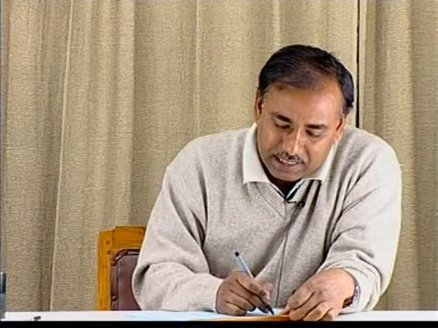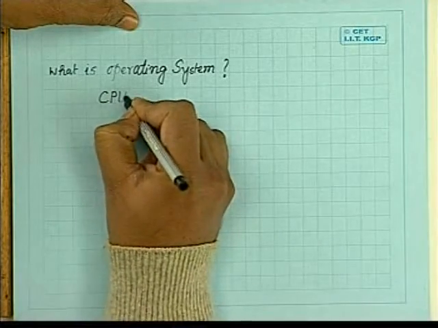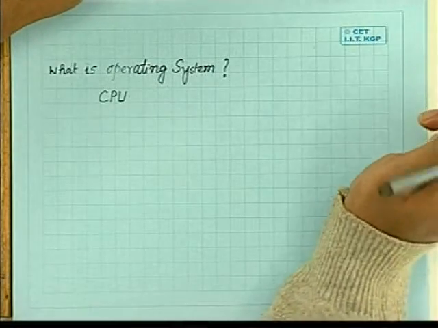The first resource in a computer is the central processing unit, or CPU. You all know that this is the central processing unit of a computer which performs the execution of a program. Whenever the user writes a program, usually you write it in a high level language.